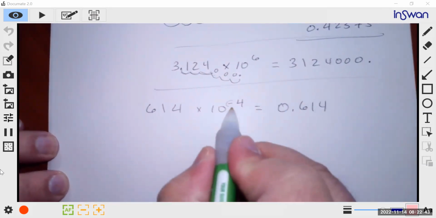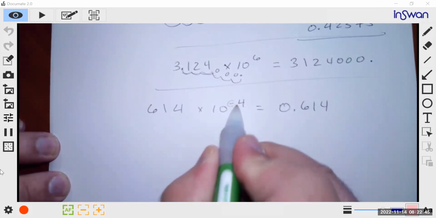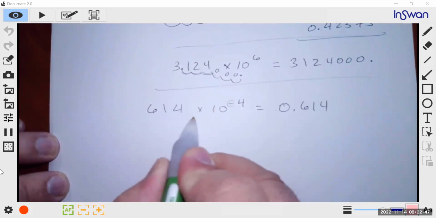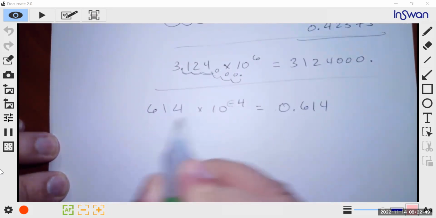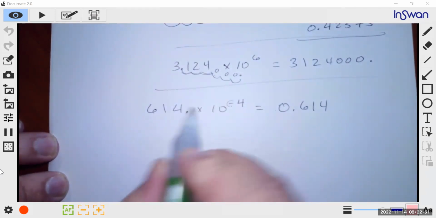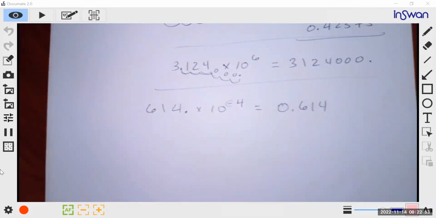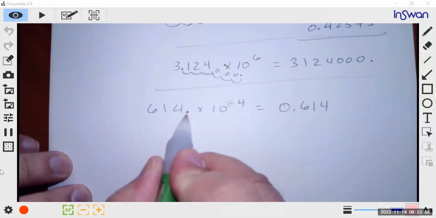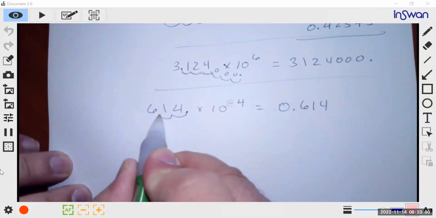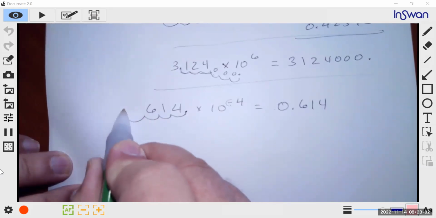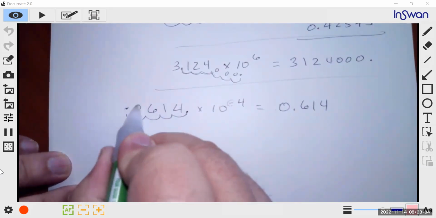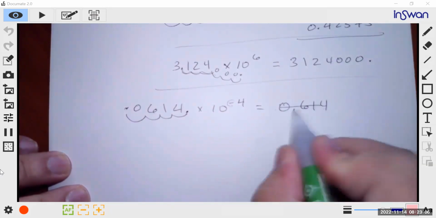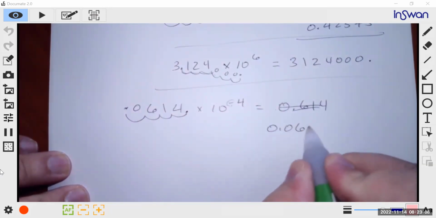Let's see. So we have to move it to the left 4 spaces. Where's the decimal right now? It's after the 4. If there's no decimal in the number, it's always after the last digit. If we move it 4 spaces to the left, 1, 2, 3, 4, so we have to have a 0 there. So the answer is 0.0614.